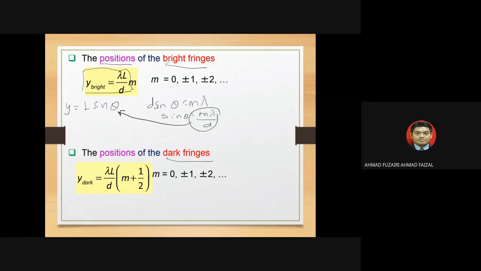In this equation, we get the position y equal to lambda L over d times m. And the position for a dark fringe is y equal to lambda L over d times (m plus half), where for both cases m equal to 0, plus or minus 1, plus or minus 2, and so forth.